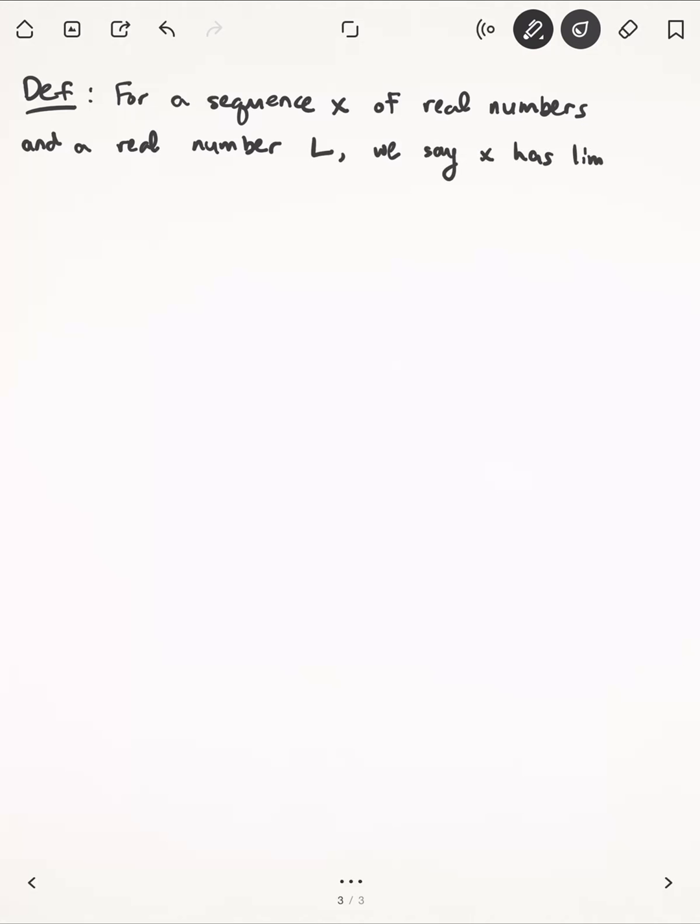For a sequence x of real numbers and a real number L, we say x has limit L, or if you want to be fancy schmancy, x converges to L.